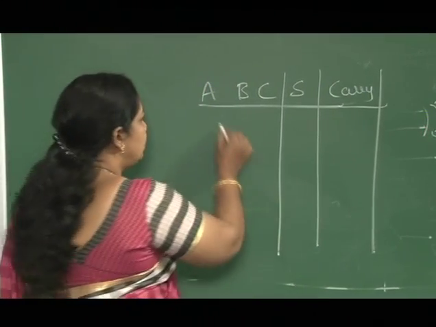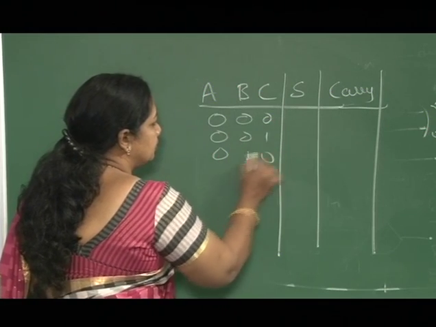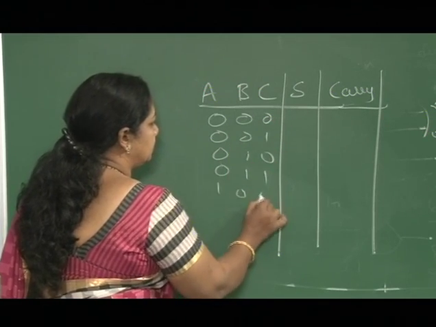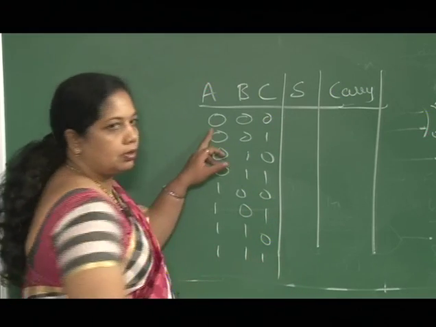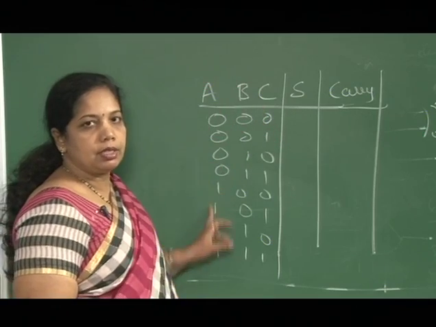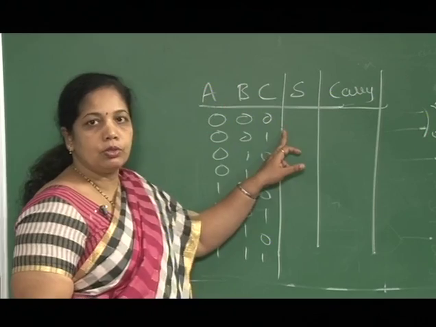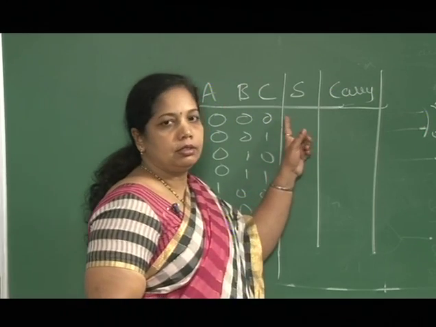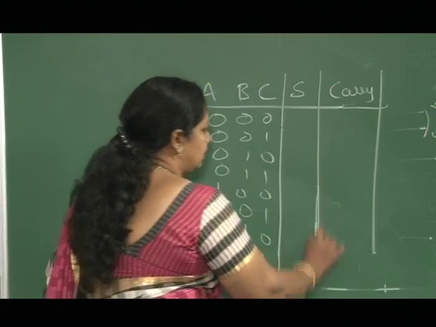I am going to take all combinations. Since there are 3 inputs, I'm taking all 2 power 3, 8 combinations. Now I am going to write the sum and carry for each of these combinations.